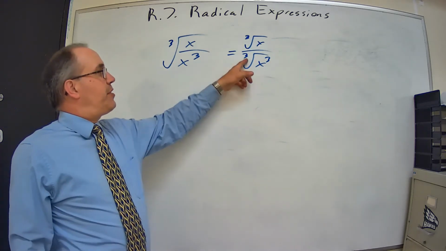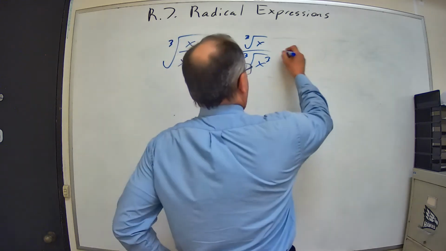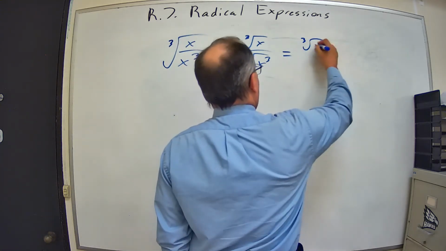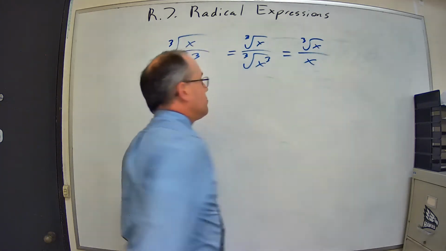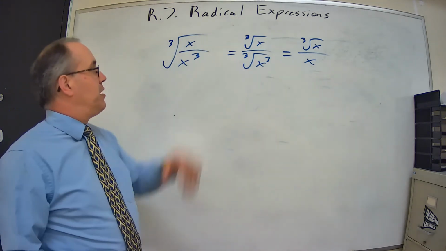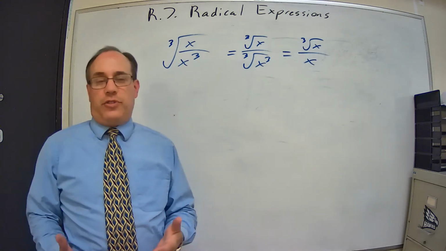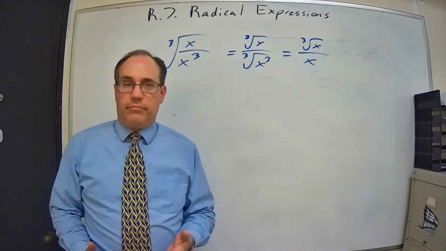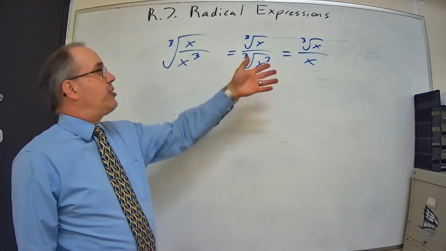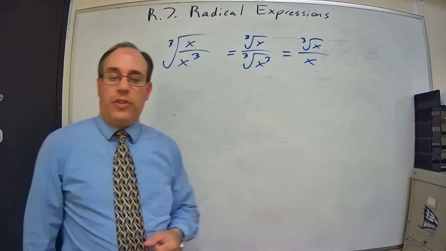Well, if we have the same index and the same power, they cancel each other out. So that leaves us with the cubed root of x over x. So that's nice. That allowed us to get a radical out of the denominator, because remember, we don't like radicals in the denominator. So if we can rationalize the denominator to get that radical out of there, that's a good thing.